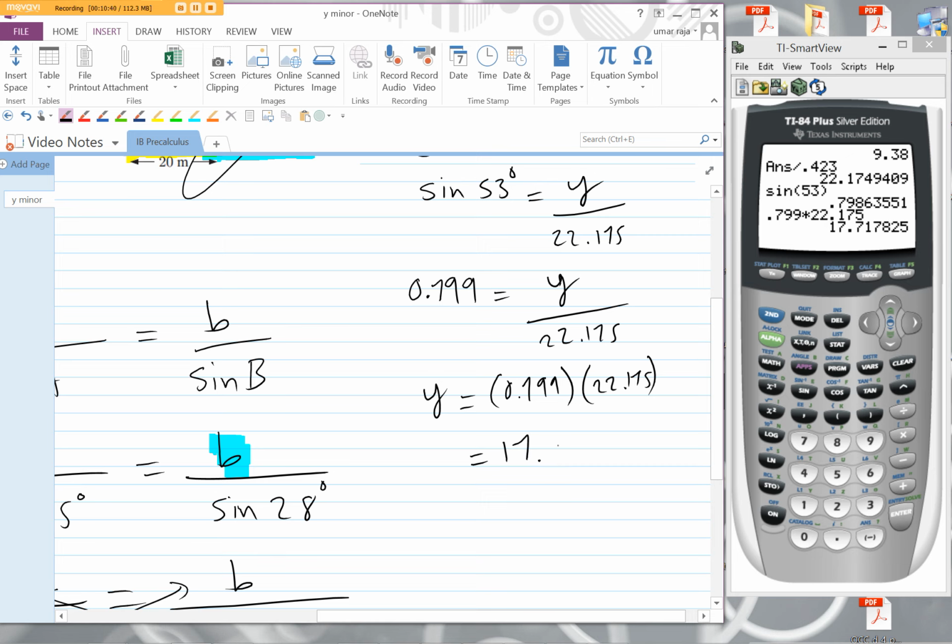And if you round that to 3 decimal places, that's going to come out to 17.718 meters, since that's the original units that they gave you. Alright guys, this is the end of the problem.